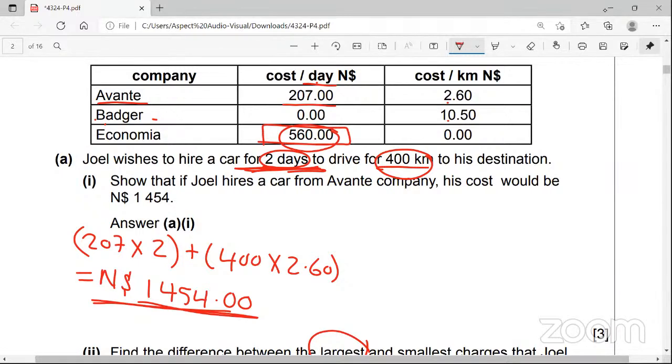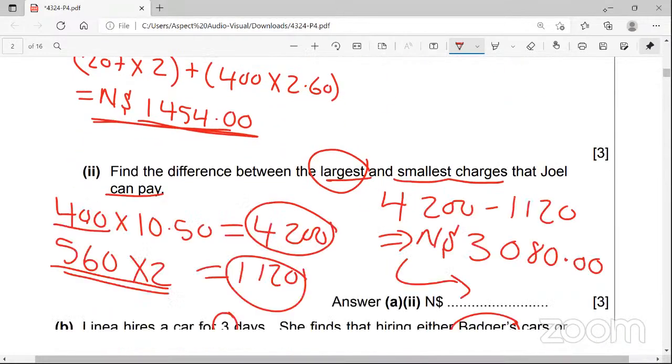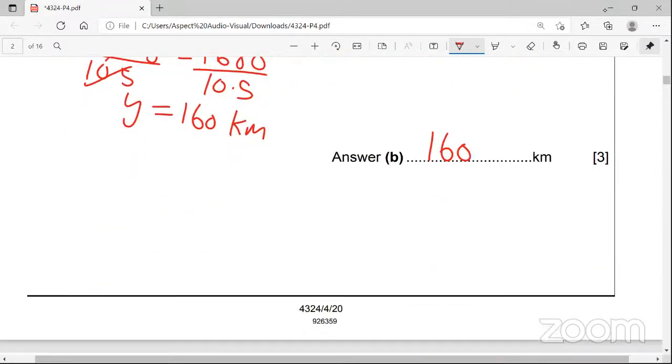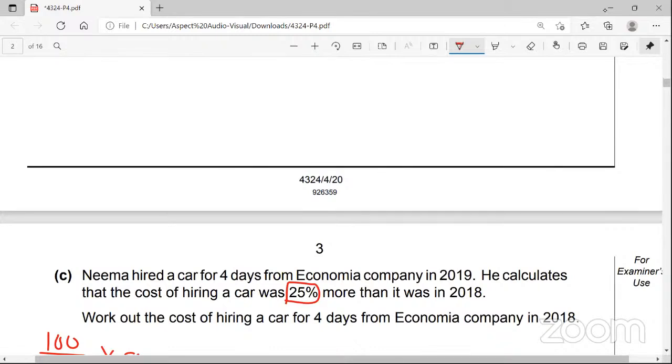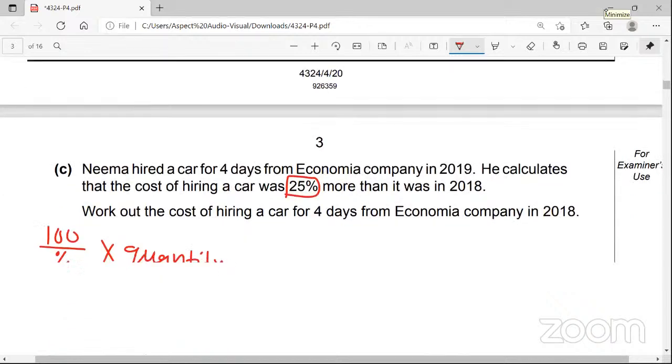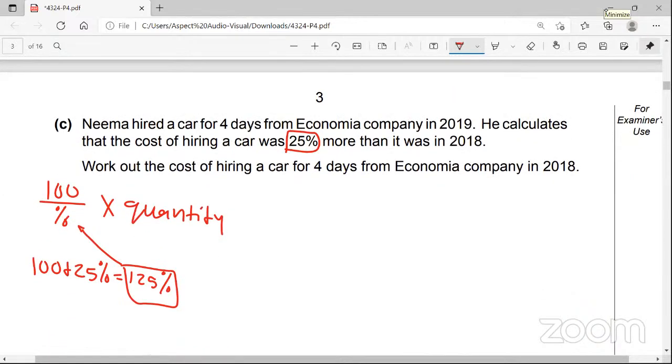Yes. Quantity to calculate how much money was there. All right. Yes. So now we can calculate the quantity.